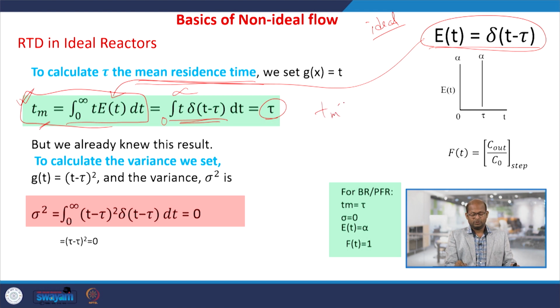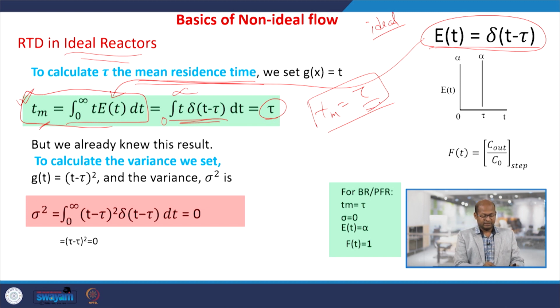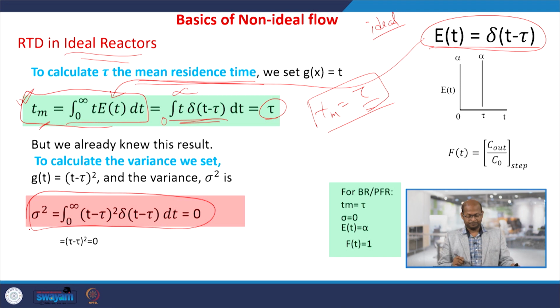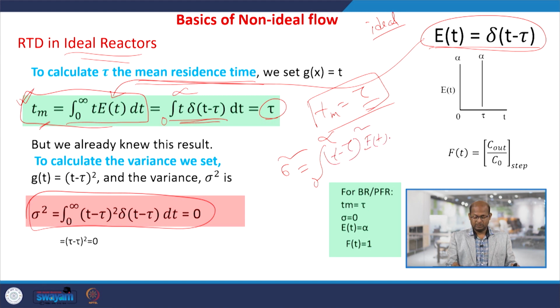So tm equals tau: the mean residence time for these ideal reactors is tau. Similarly for the variance, we can express sigma square as the integral from 0 to infinity of (t - tau) whole square E(t) dt.